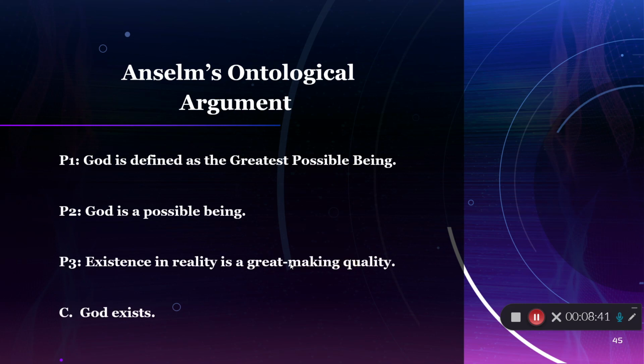Premise 3. Existence and reality is a great-making quality. Therefore, God exists. Take a moment. See if you can piece together how in the world these 3 premises give us God exists.